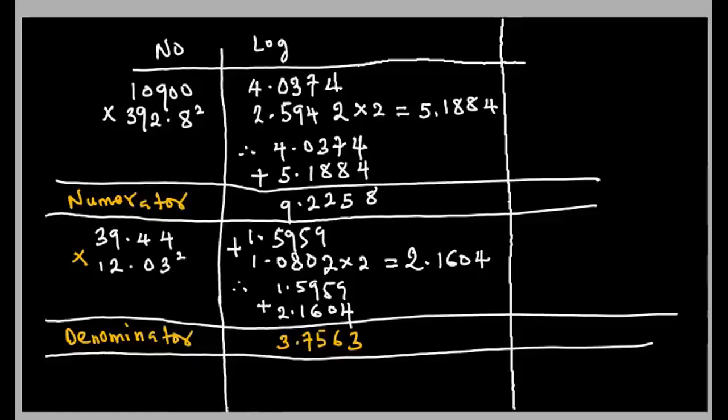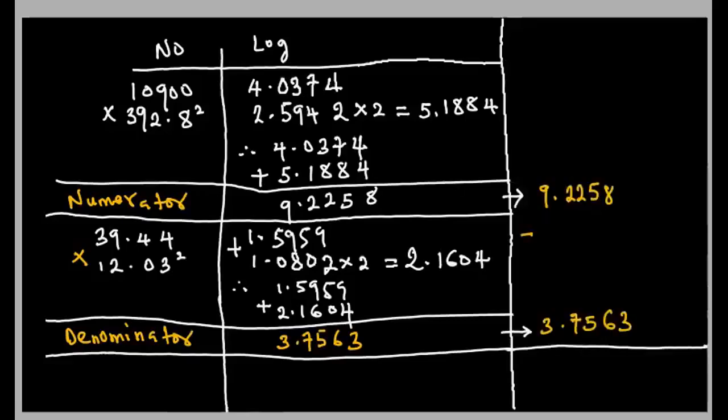Now, for this numerator, we have 9.2258, and for the denominator, we've done every simplification and evaluation. We have 3.7563. So when you subtract these values, since we are dividing everything, you get 5.4695.